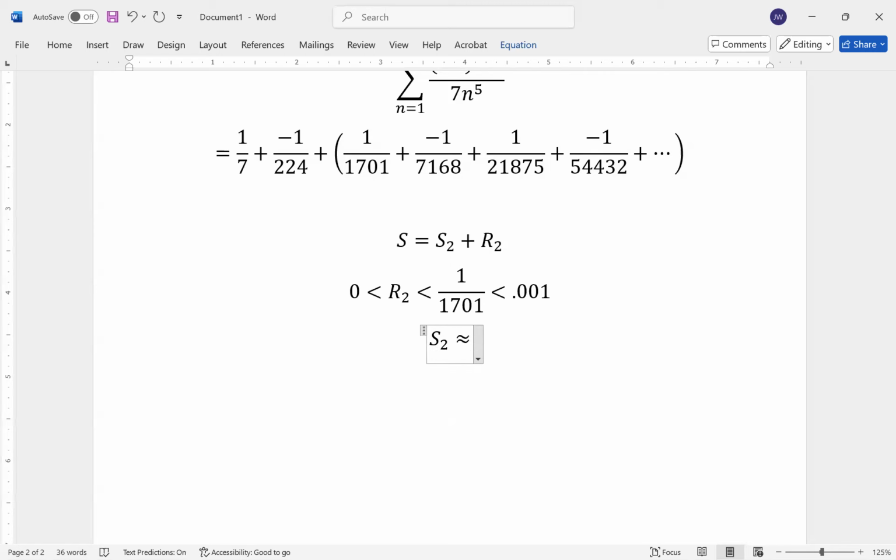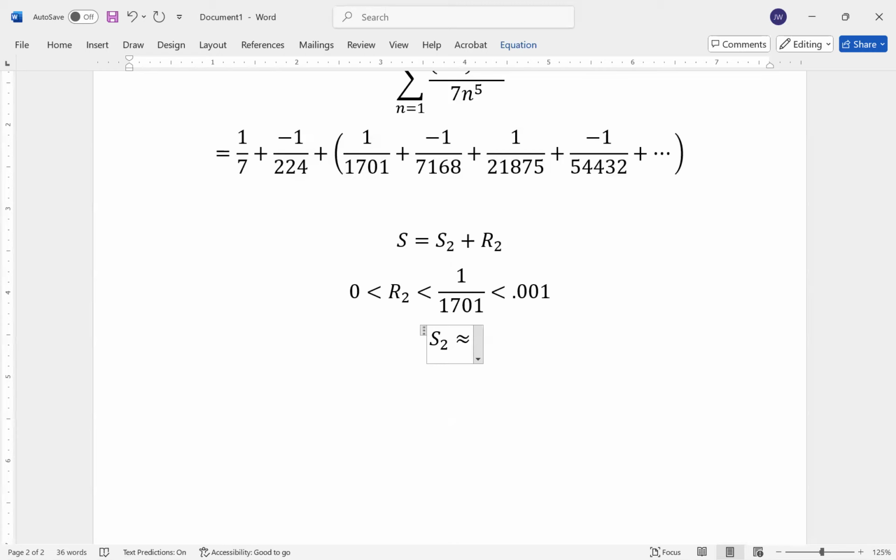I'll do, once again, an approximation. I'll use the decimal version, but if you wanted to, you could have just as easily converted that to a fraction.